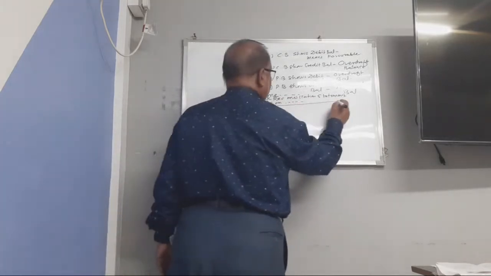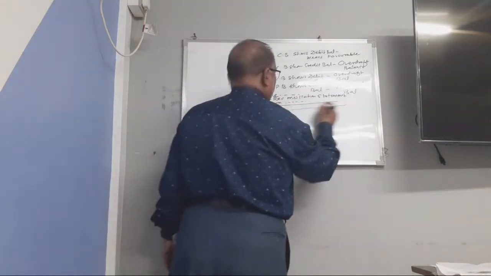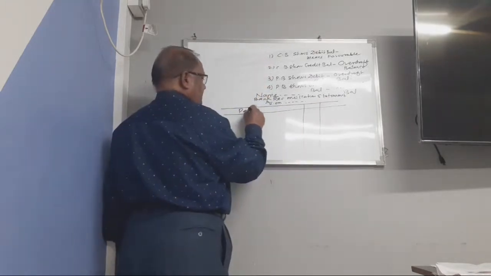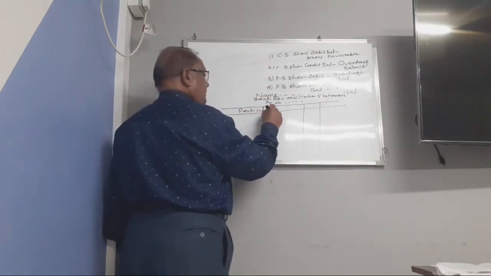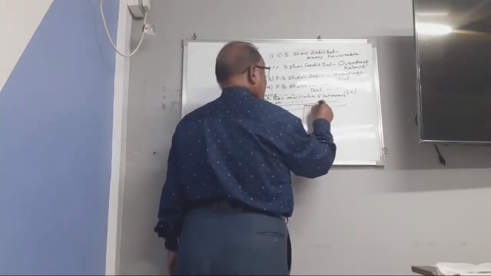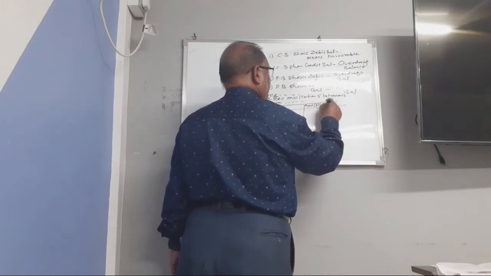Then you start like this. The format is like this: first the particulars, and here the amount in rupees.